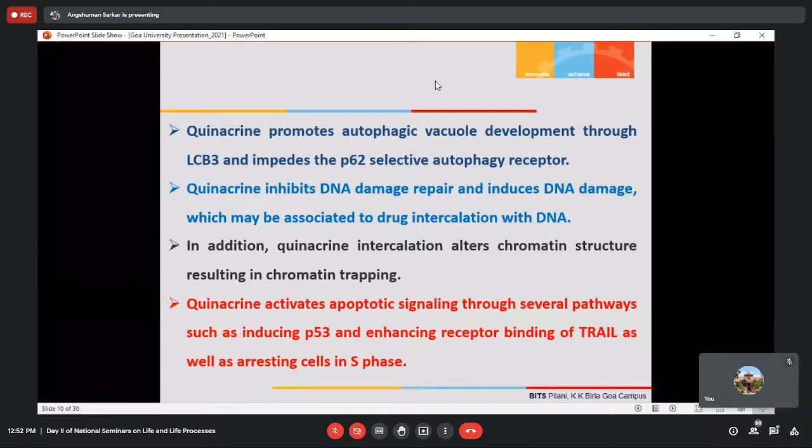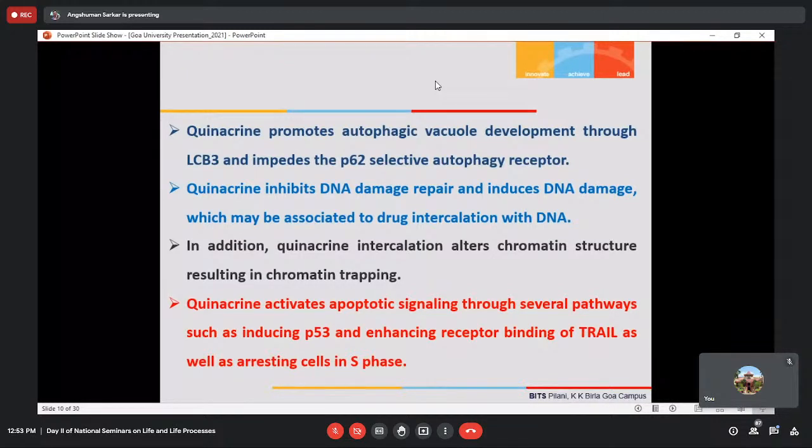And further, there are reports which prove that quinacrine activates apoptotic signaling through several pathways, such as inducing P53 and enhancing the receptor binding to TRAIL, as well as arresting cells in S phase.